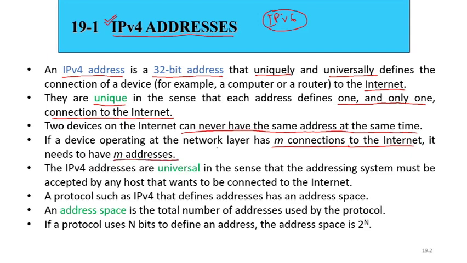A device at the network layer, suppose a router: if M devices are connected with the router, then M addresses are required for this router or this network. Whatever devices are connecting to this network, if M number of devices are there, M number of addresses are required.